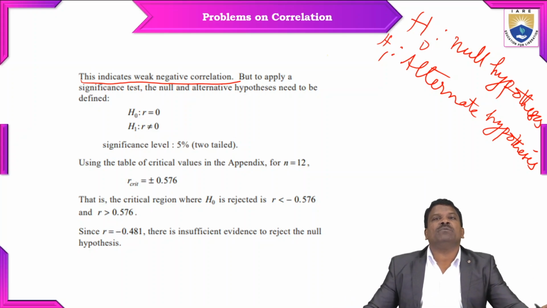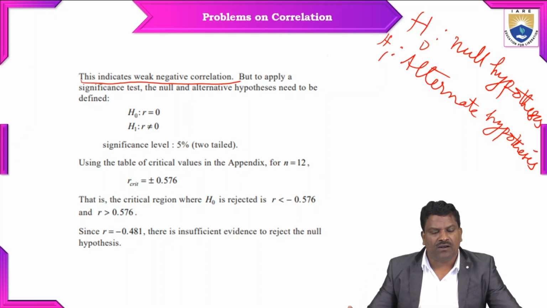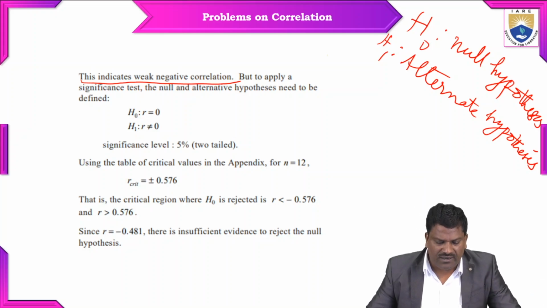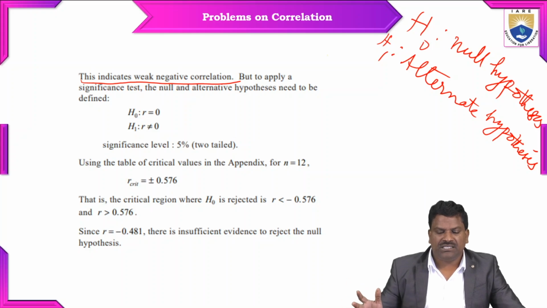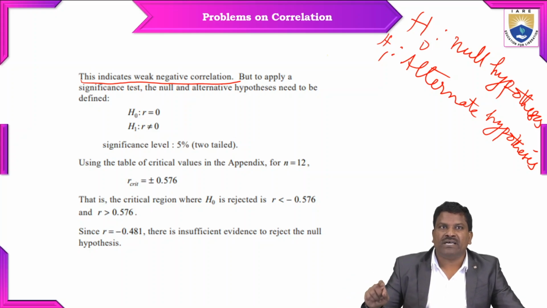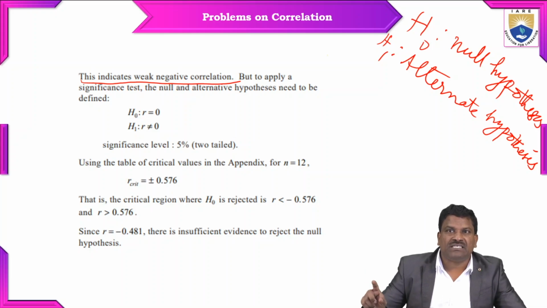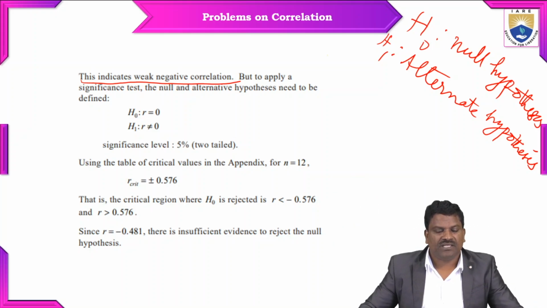So, using the table of critical values in the appendix for n is equal to 12, r value is plus or minus 0.576. So, the critical region where H naught is rejected is r less than minus 0.576. If our calculated value is less than minus 0.576, then we have to reject the null hypothesis.